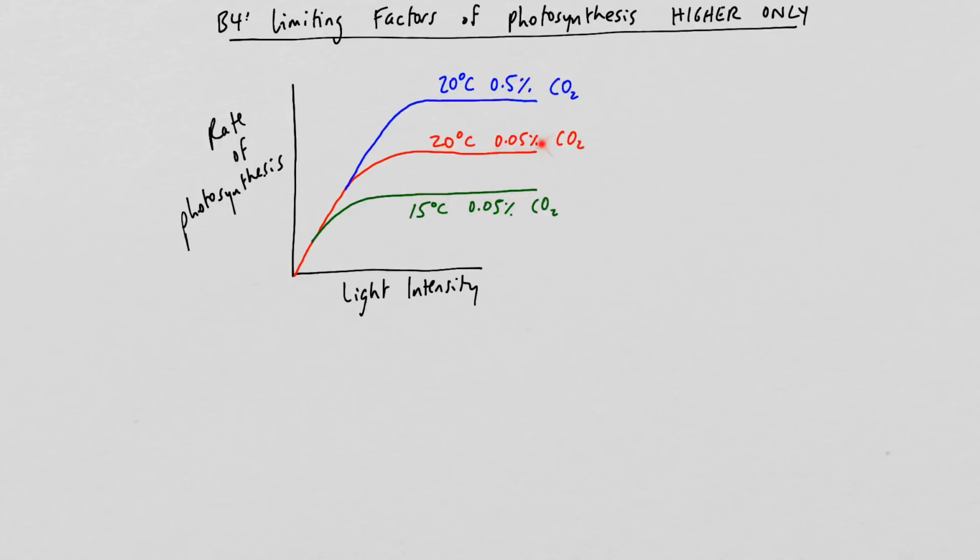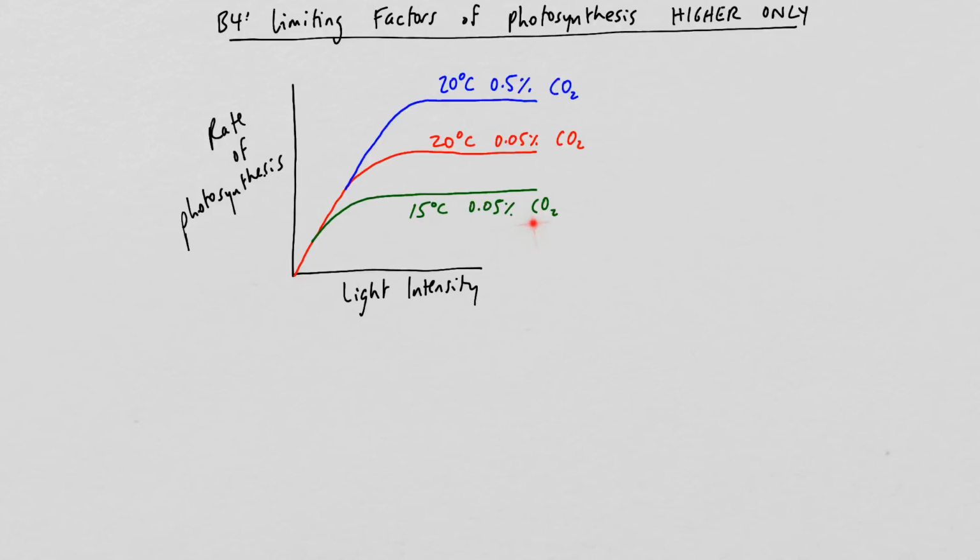If I keep the carbon dioxide concentration the same, but I increase the temperature, now my maximum rate of photosynthesis is even higher. If I keep that temperature the same and increase the carbon dioxide concentration from 0.05 to 0.5, then I'm going to get an even higher rate of photosynthesis. So what you need to do for the higher paper is to be able to look at a graph like this and explain what's going on.